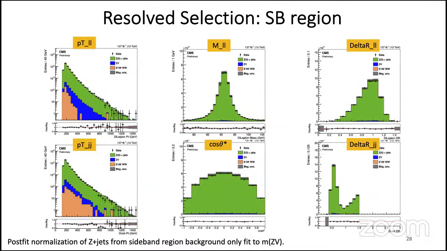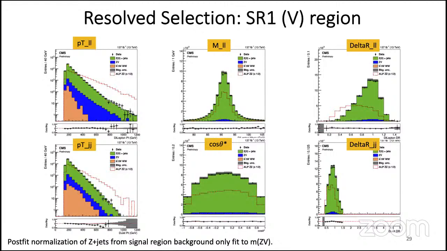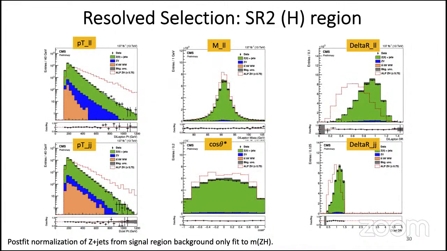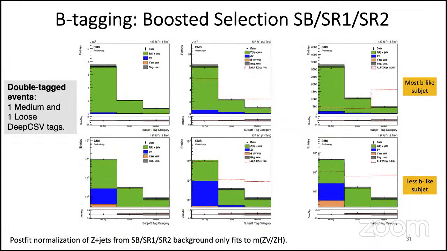For the resolved selection, the signal region 1 in the resolved selection, and signal region 2. So as you can see, we understand our data at a very good level with our standard model prediction and the categorization of the b-tagging events.